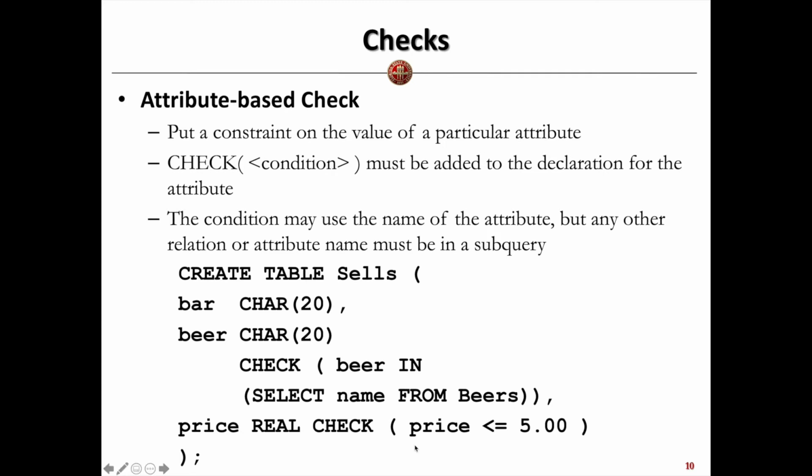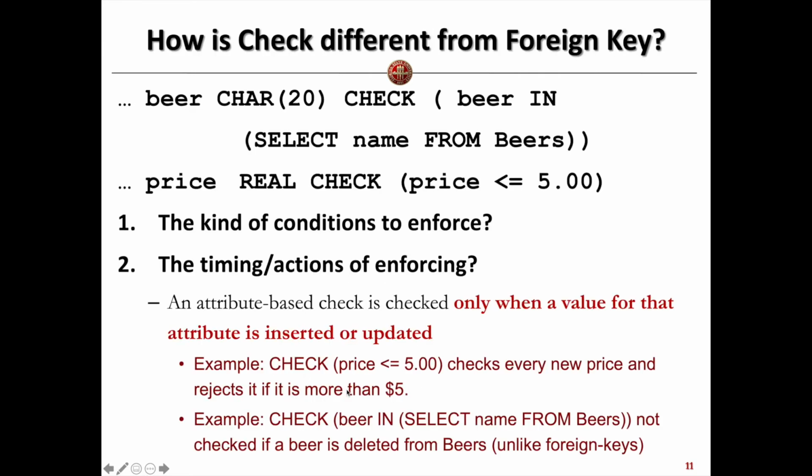And then what's the difference of this check versus the foreign keys? They're very different, right? So the check we use for the beer attribute is very similar to foreign keys. However, it is also very different from the foreign keys. The first difference lies in the kind of condition to enforce.